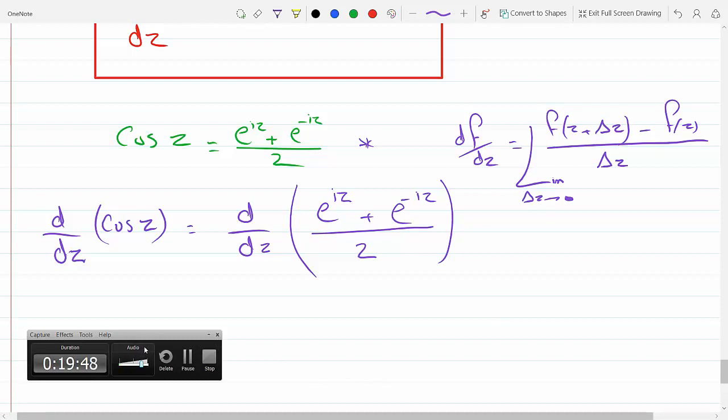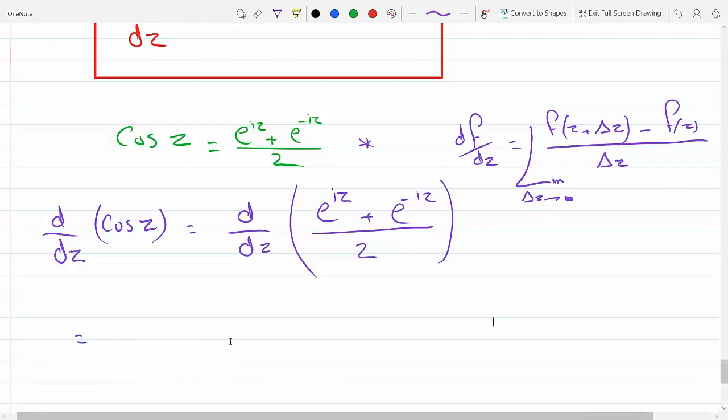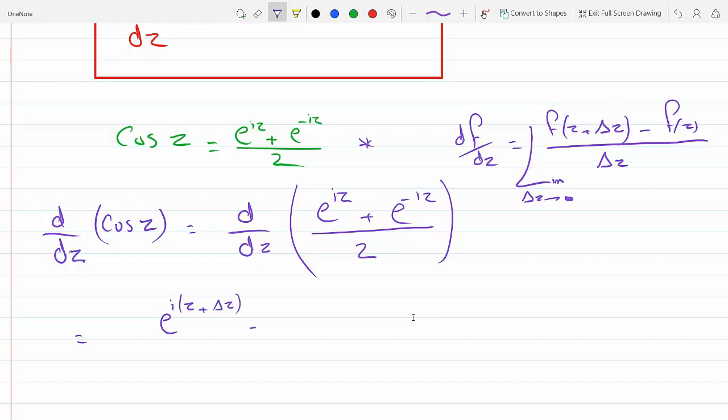So we have f of z plus delta z, so this becomes e to the I, replace z with z plus delta z first, plus e to the minus I z plus delta z, all over 2.